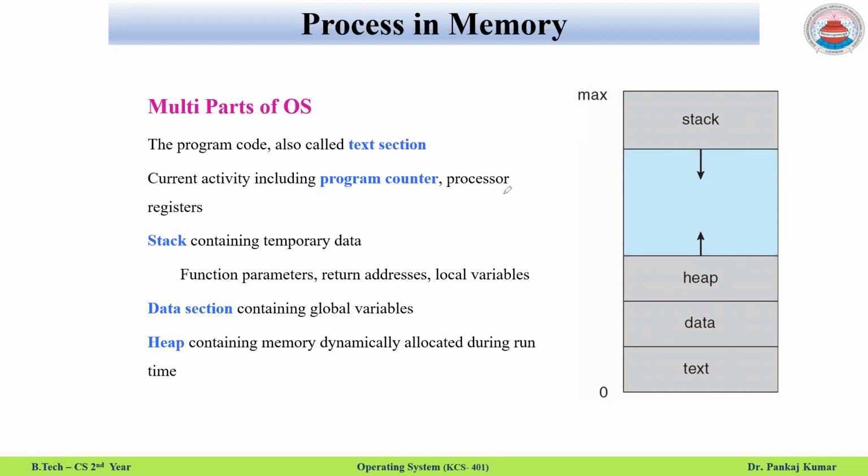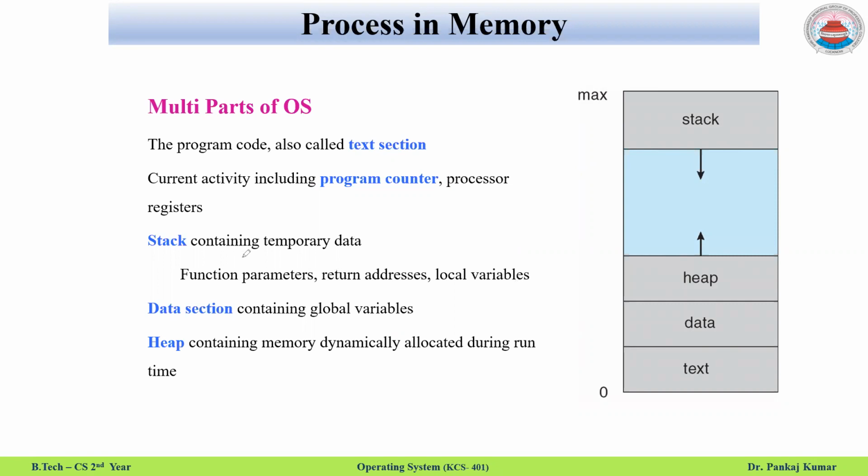In a single instruction there are multiple micro operations, and ultimately one micro operation is executed. So the program counter tells which instruction is to be executed next.